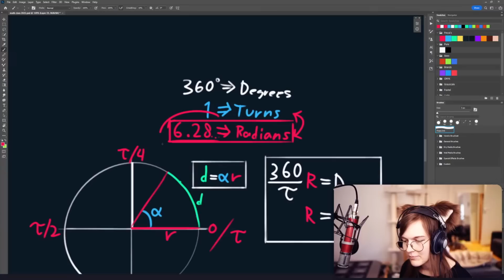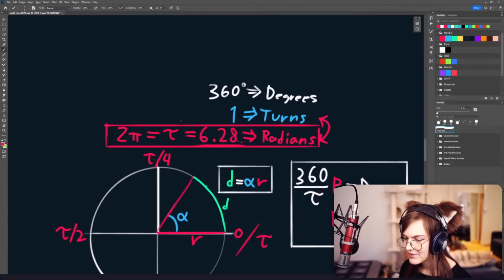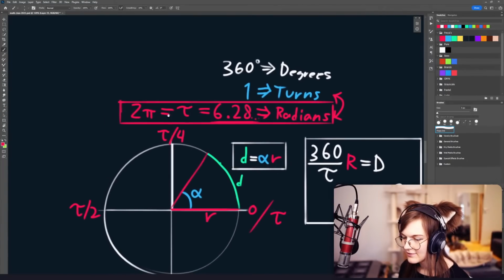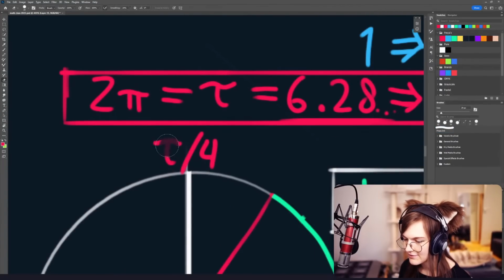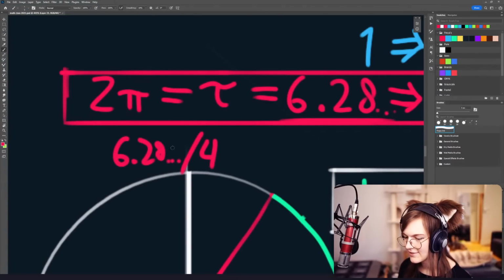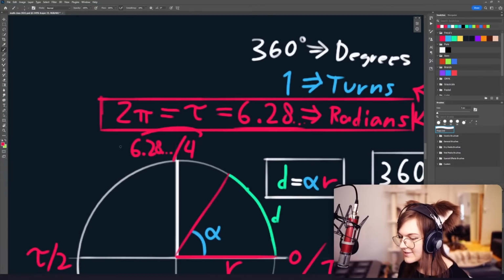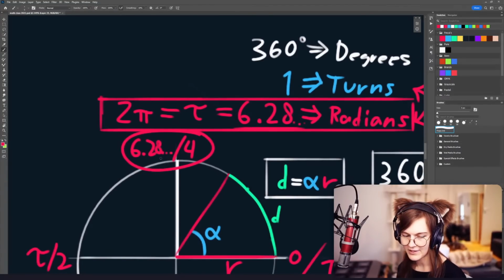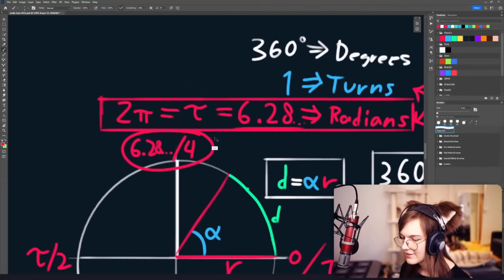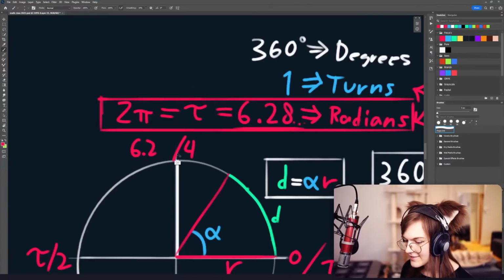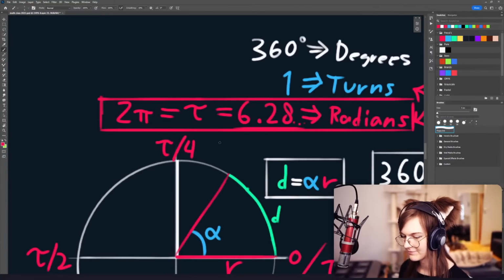It's just that this number is kind of unwieldy to work with, so it's easier if we make use of these constants. Because then instead of doing 6.28, etc., we just write tau over 4. This is a weird decimal number that's a little complicated to remember, so it's easier if we just use the constant tau.